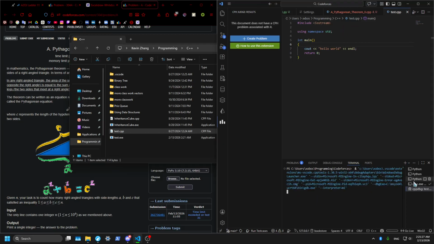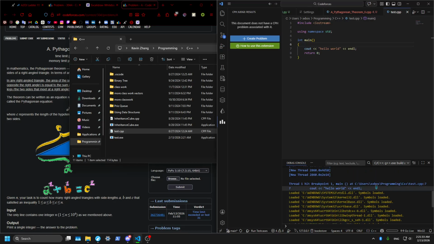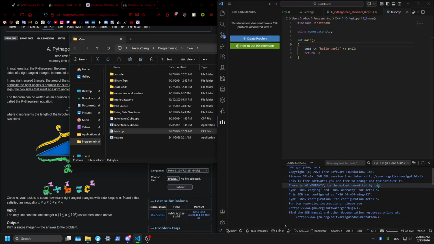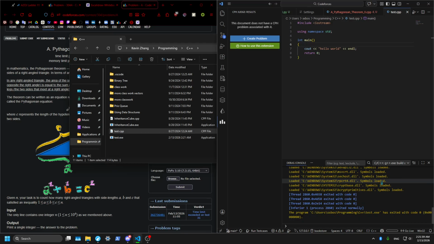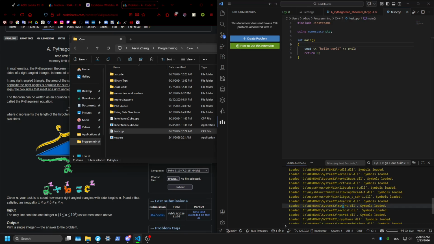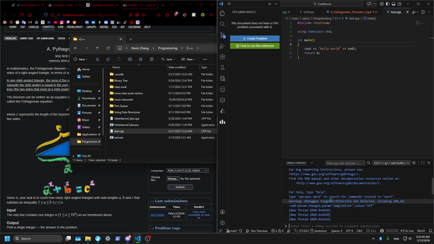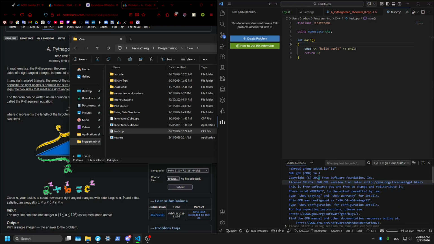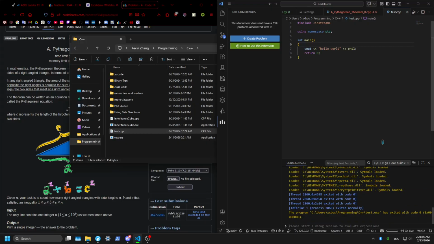Wait. What happened? What does this mean? Did we print hello world? Oh wait, hit breakpoint. Why are there so many symbols?